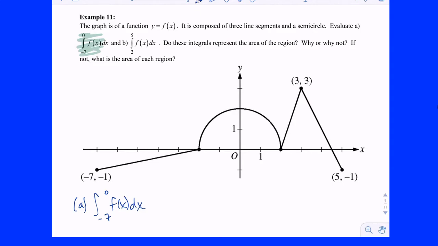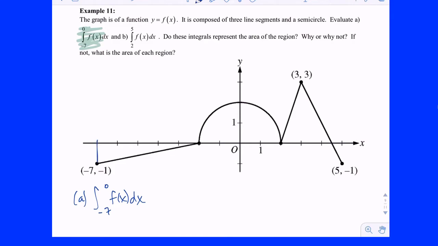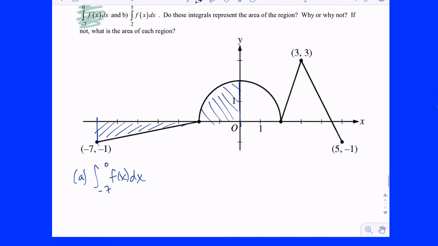So here's another time where we're going to be using not area approximations, but actual areas to help us evaluate an integral. So -7's over here, and 0's right here. If you notice, it's made up of a triangle and a what fraction of a circle? Quarter circle, all right?